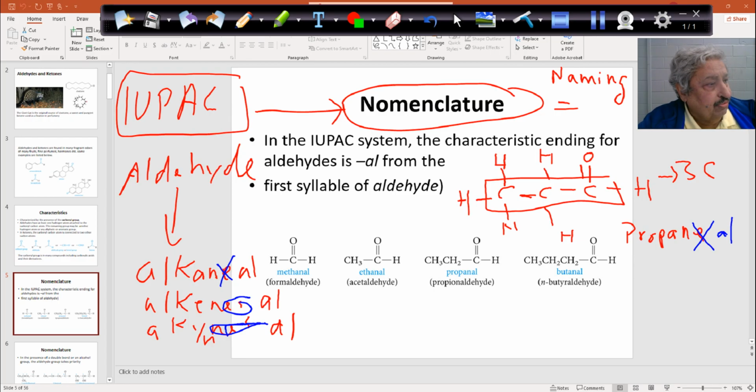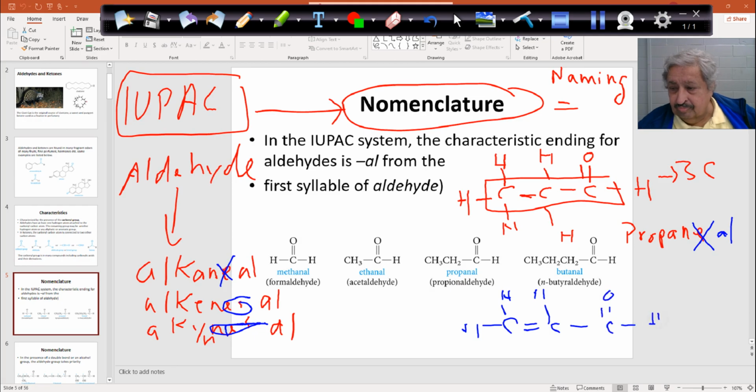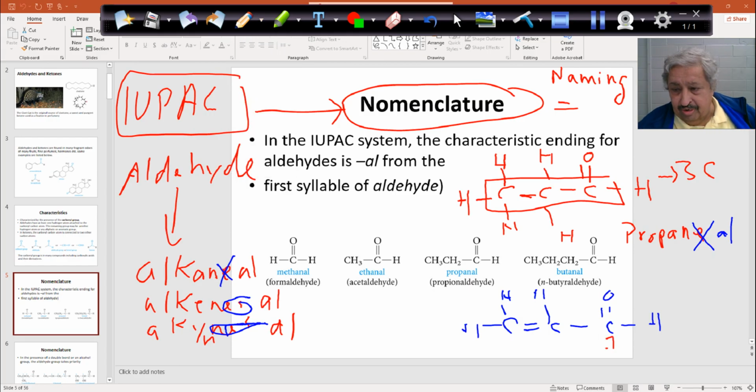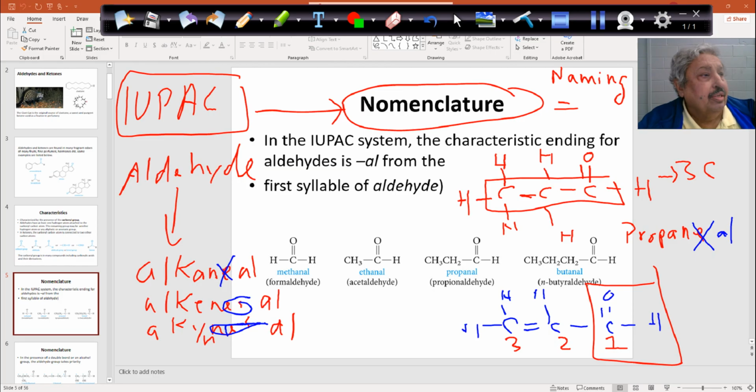Propanal. Everybody's following? Suppose I have a double bond here. Always the priority will be given to the aldehyde. This is numbered 1, by the way, and if we have substituents at 2 and 3, always give the aldehyde the first priority, correct?